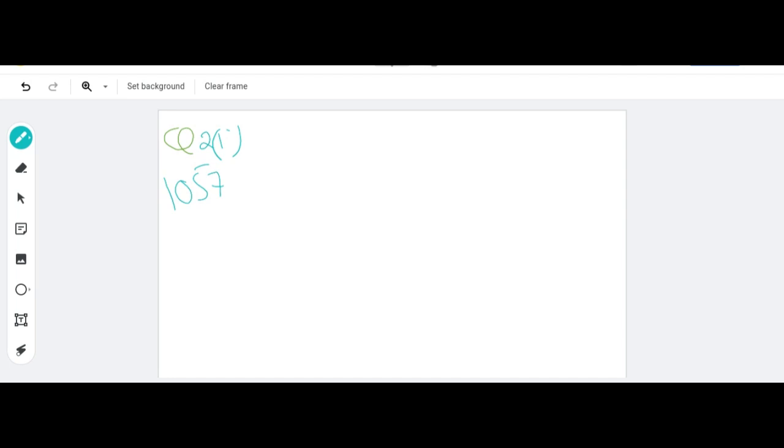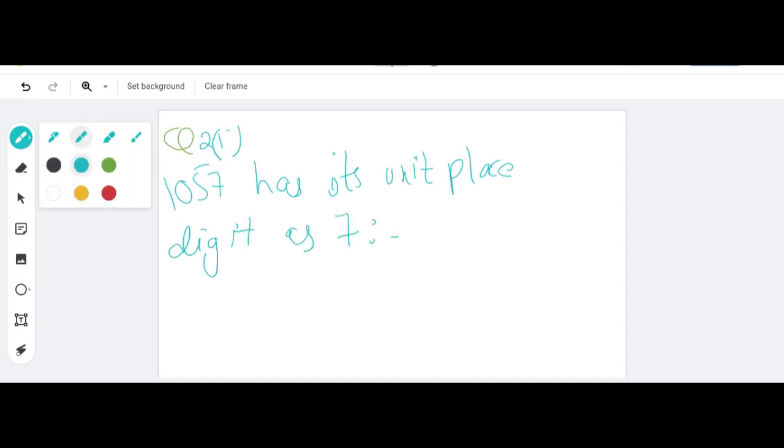1057 has its unit place digit as 7. So you have to write the reason like this.